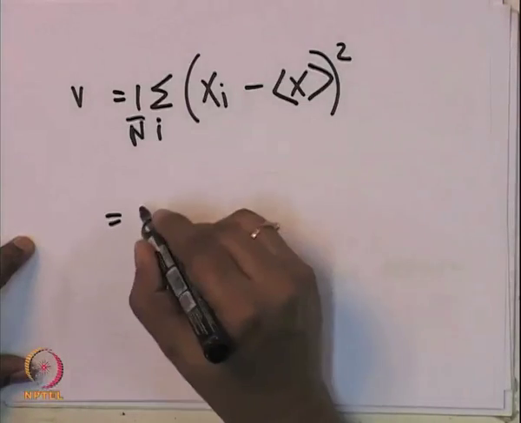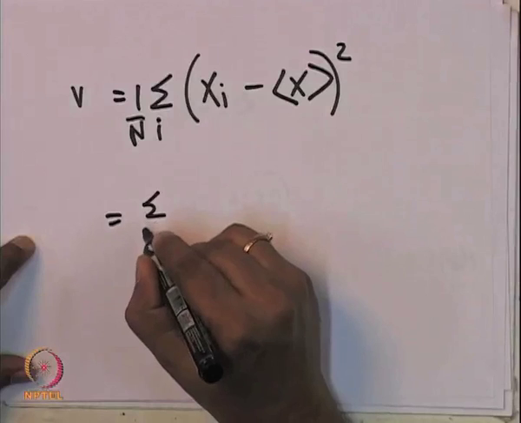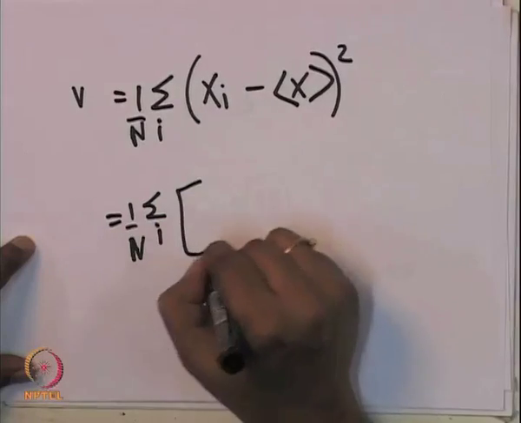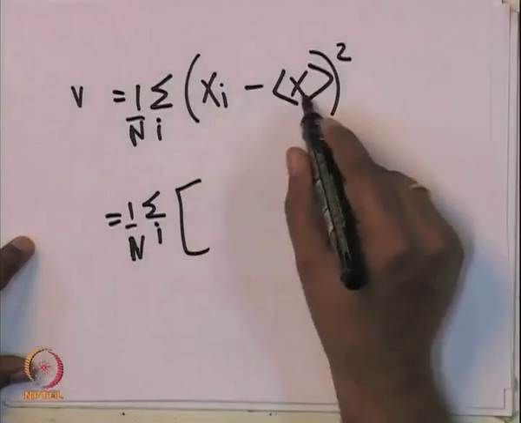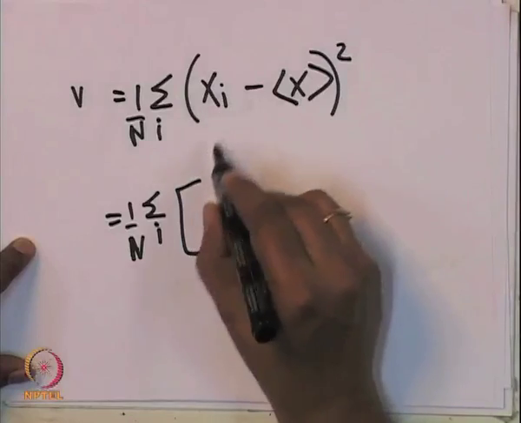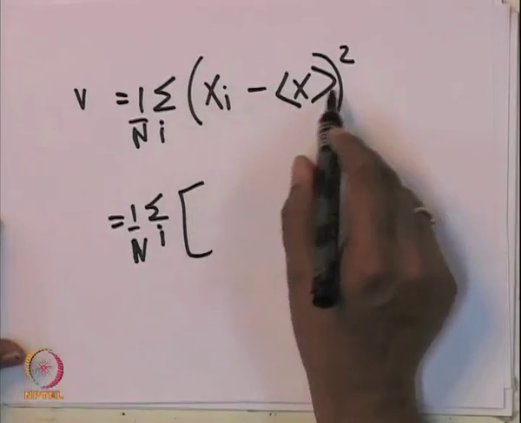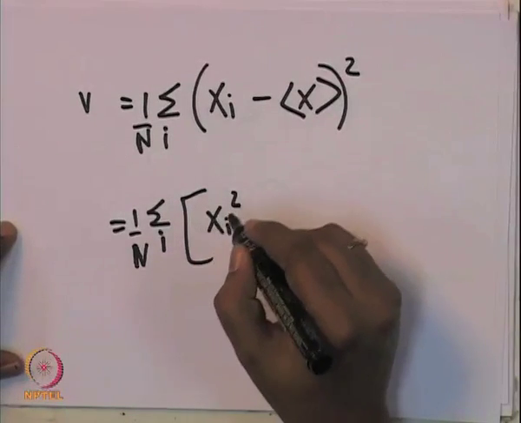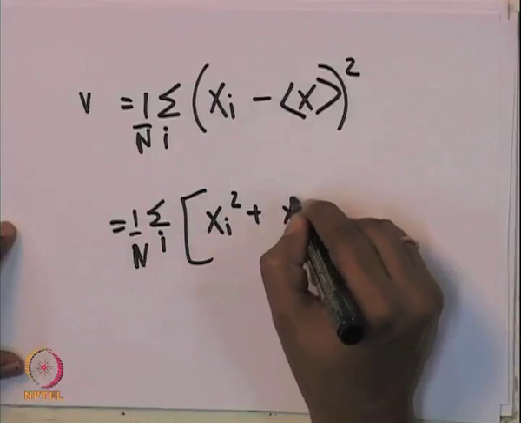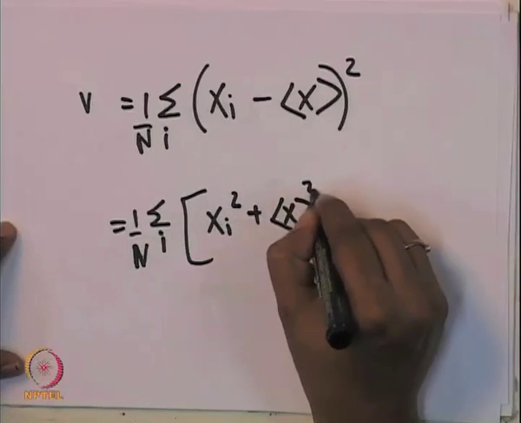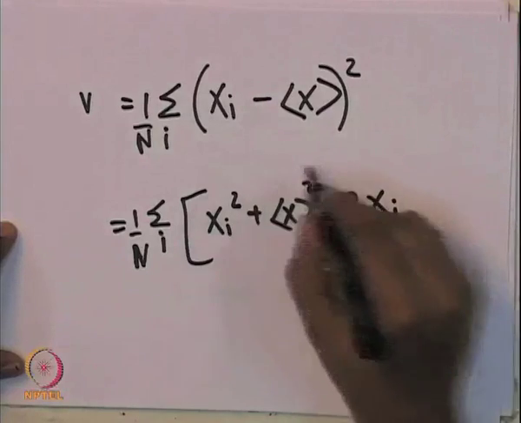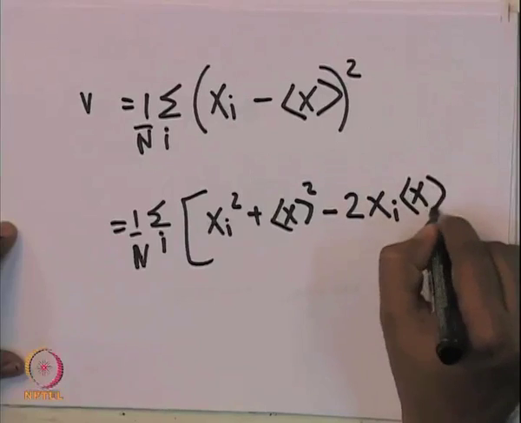So what is this? This is like a minus b whole square, which is a square plus b square minus 2ab. Here a square is xi square, b square is x average square, and 2ab is 2 xi times x average.